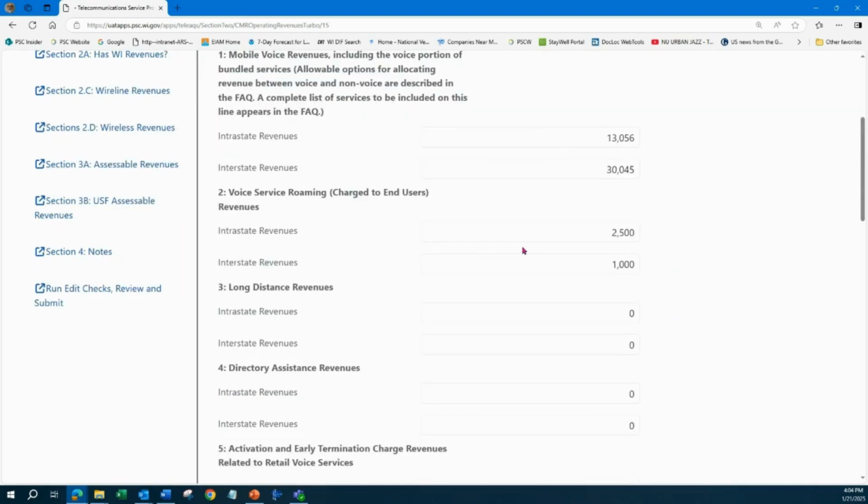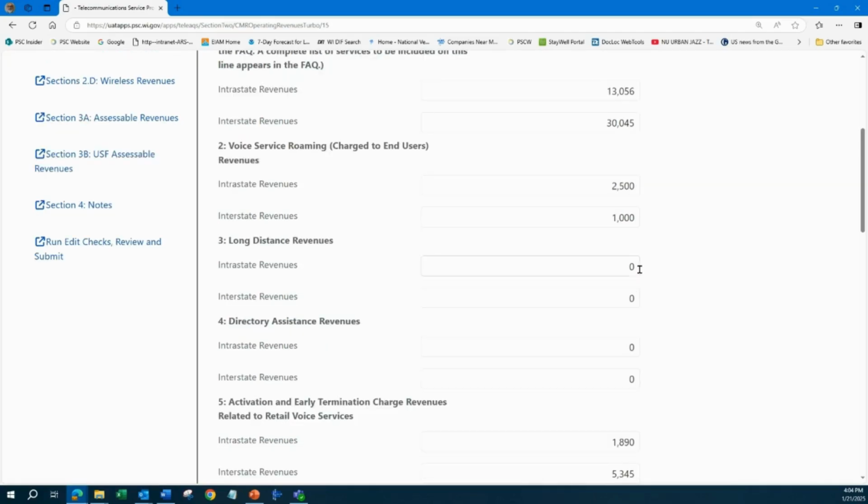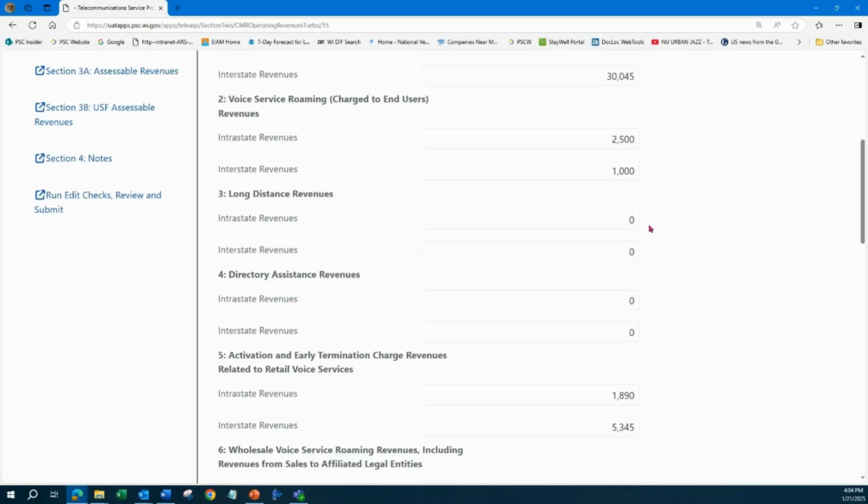Next, roaming charges. We have very minimal roaming charges. And so we entered those revenues split between interstate and intrastate. The all-purpose test utility does not charge a differential rate for long distance. Basically, all voice is voice.